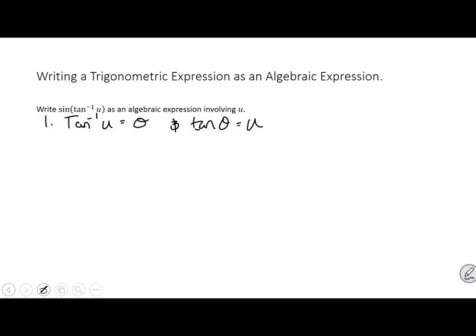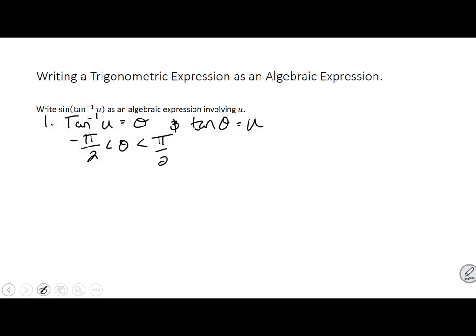Alright, so something else that might be important is where my angle theta and this value of u lie. Since we are looking at tangent, I can just use the domain and range of the tangent inverse function to define that. So my angle theta has to be between negative pi halves and pi halves.